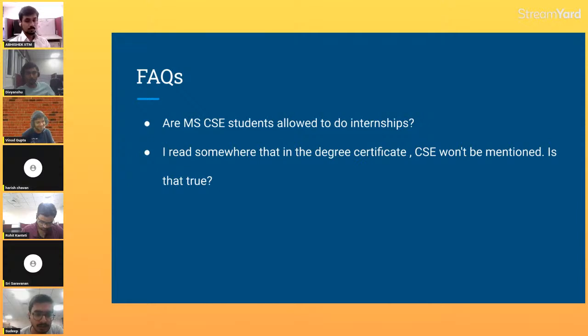As I mentioned, your SOPs will matter. What you have to mention in the SOP is your research area, if you have already studied it. If you are appearing for systems, you can mention that you have interest in operating systems, or computer organization and architecture, and that you would love to get an opportunity in this.